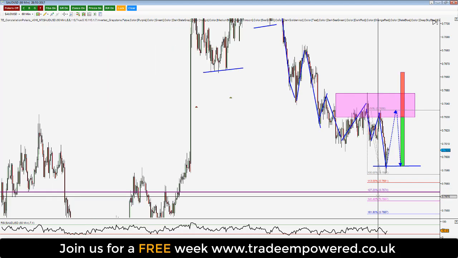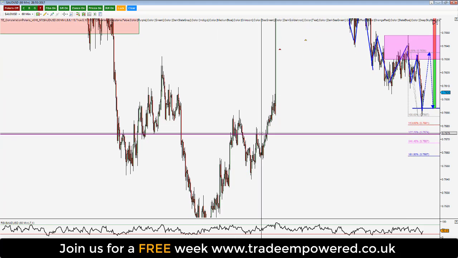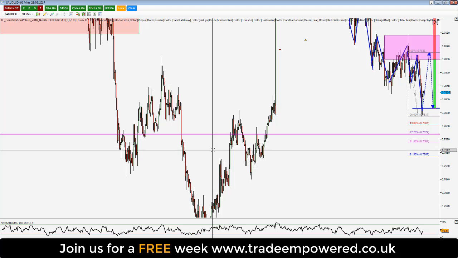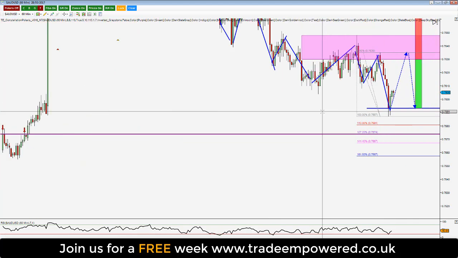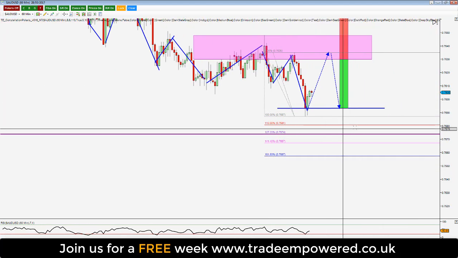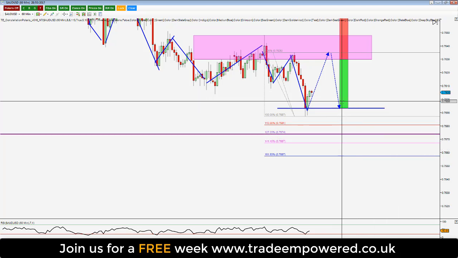You might bring on that 127 extension, eyeball it with previous structure and say, do you know what, every time this 127 level is tested down here at 75.75, this is respected over and over and over again. This is a level that I'd like to take my initial targets at, because I don't expect to move beyond that point before I start to take profits.